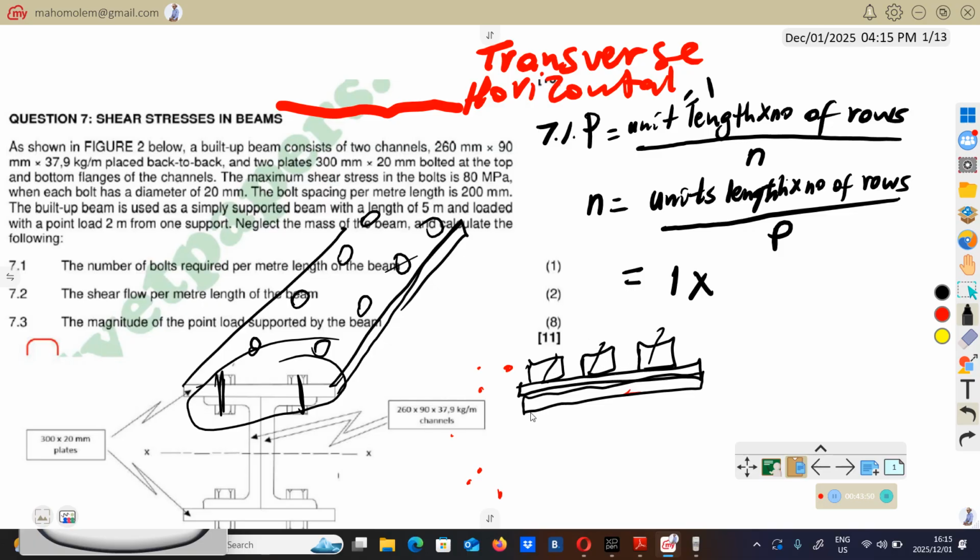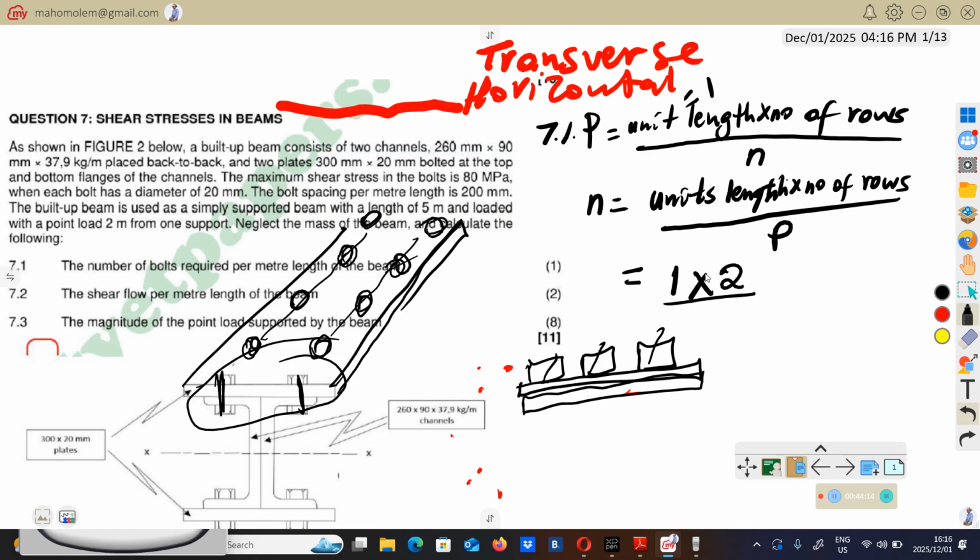But this time we have 2 bolts here. Sorry, we are going to have 2 rows like this. Row 1, row number 2. You can get that from the drawing. So the number of rows is going to be 2. We got that from the sketch.